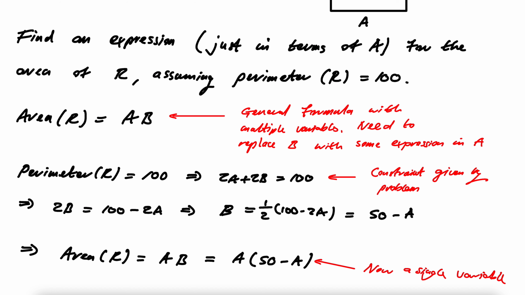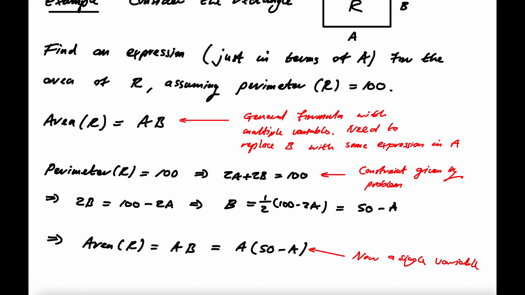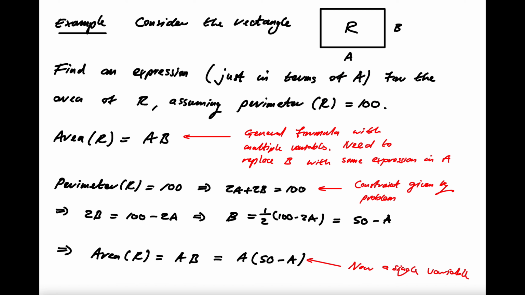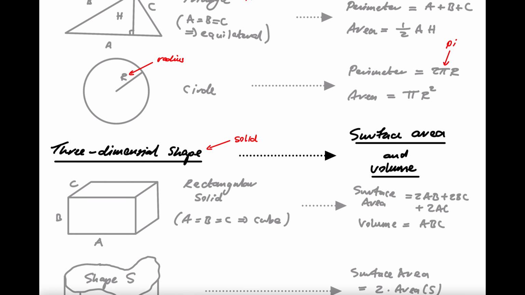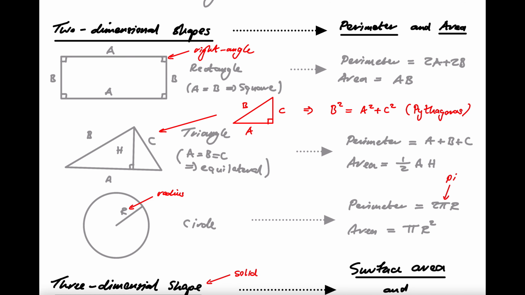Okay, so this is a very important example, because when you go on to do optimization in calculus, this process of taking a general formula with multiple variables and reducing it to fewer variables using some sort of constraint happens over and over again. It's really crucial that you're able to do it. So this is an example of how our knowledge of things like areas and perimeters can be used in a problem of this nature.